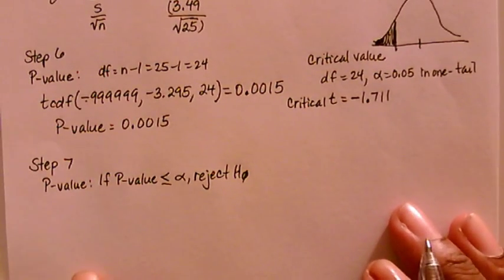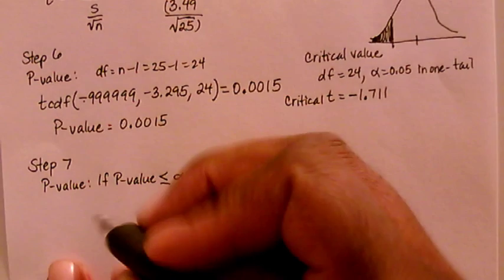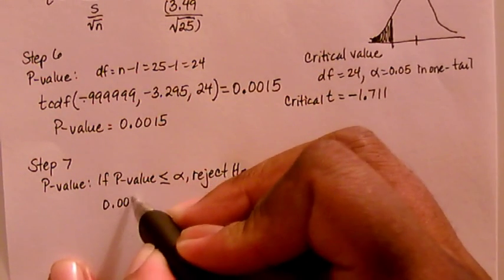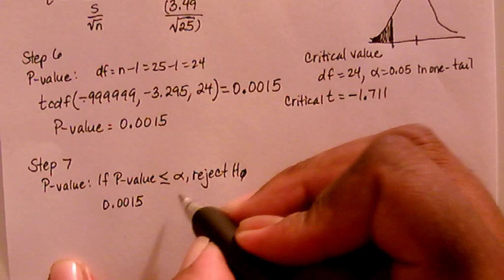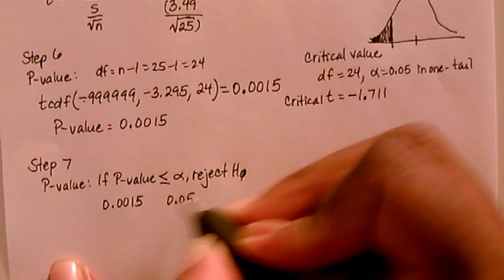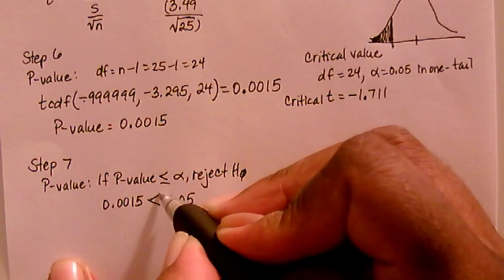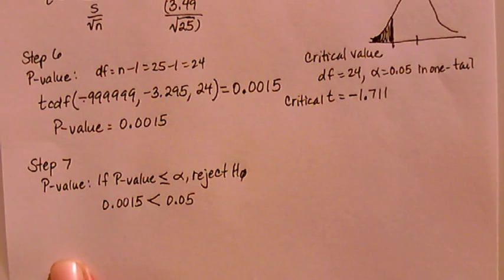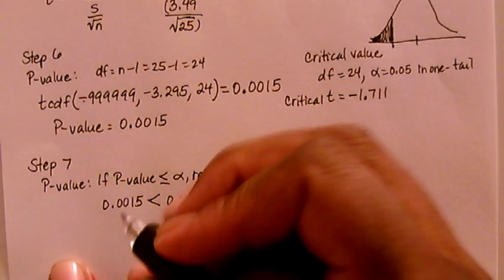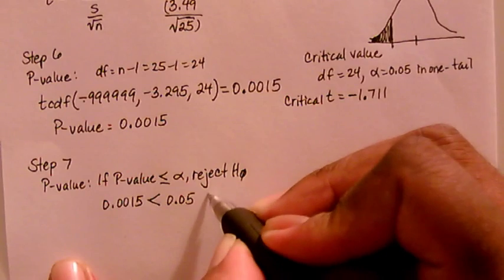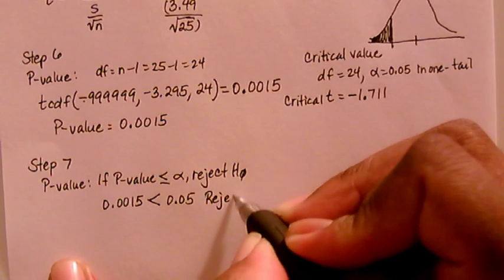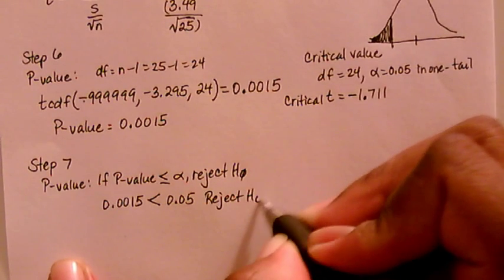Compare 0.0015 with your alpha level of 0.05. You can see that 0.0015 is less than 0.05, so we reject the null hypothesis.